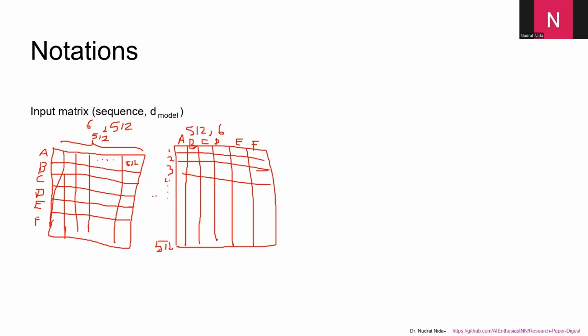So if we find the dot product between a matrix and its transpose, we have dimension 6 by 512 and we multiply it with the matrix. For example, this is matrix A, and we multiply it with its transpose, A prime, which is 512 by 6.